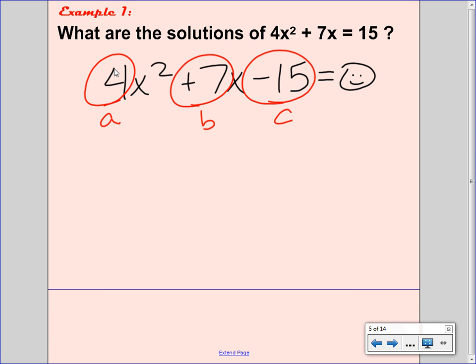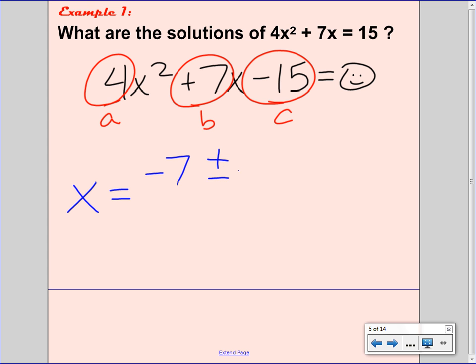Okay, you ready? We start with x is equal to negative b. Now stop there. If b was positive, it will become negative. If b was negative, then it will become positive. Right now, b is currently positive 7, so negative b would become negative 7.